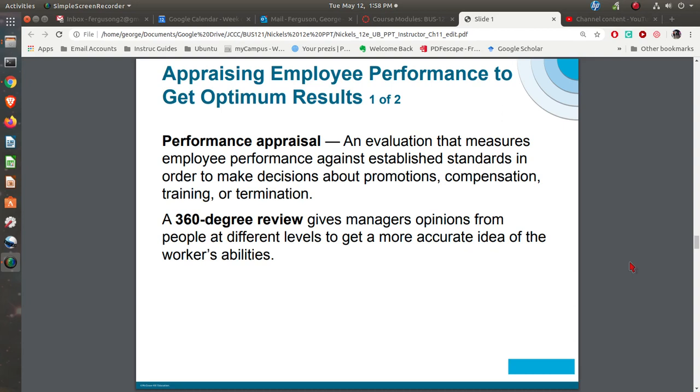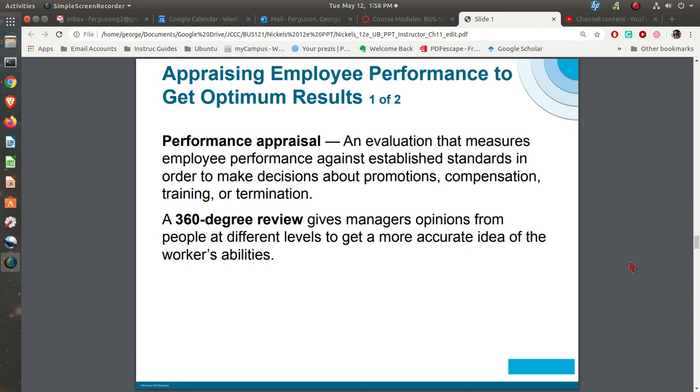A 360 review, in other words, 360 degrees, all the way around a circle, is where you are getting feedback from everyone around you. So, for example, a 360-degree review is basically getting information from your boss, from maybe the people that report to you, from your peers, maybe external customers, where they are giving you feedback as far as what your performance was about.